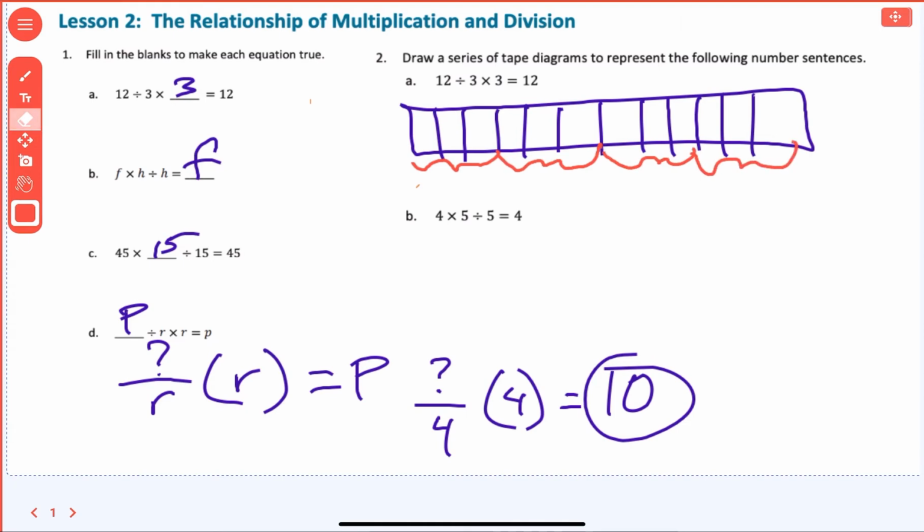Oh, I did that wrong. Let me do that again. You got to divide it by thirds, right? I'm putting it into thirds.